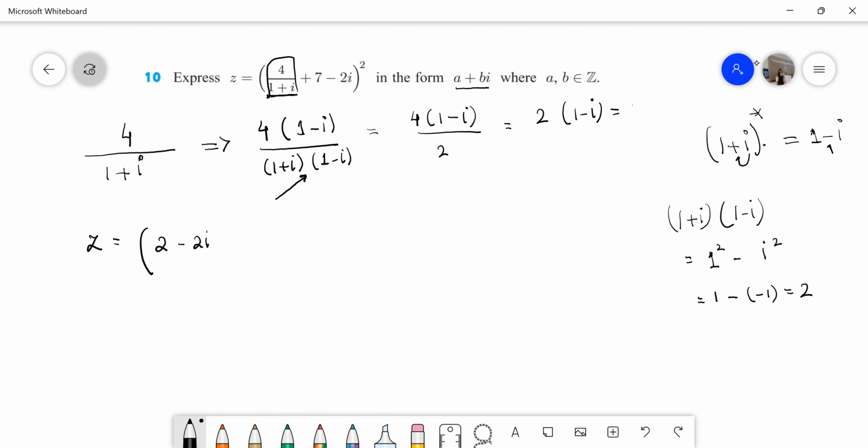This is basically 2 minus 2i plus (7 minus 2i) squared. That means it is 9 minus 4i squared.